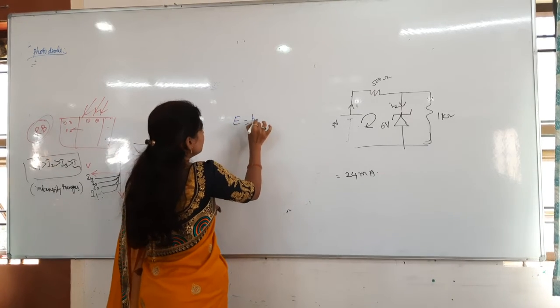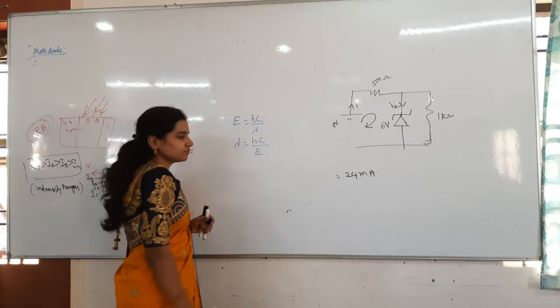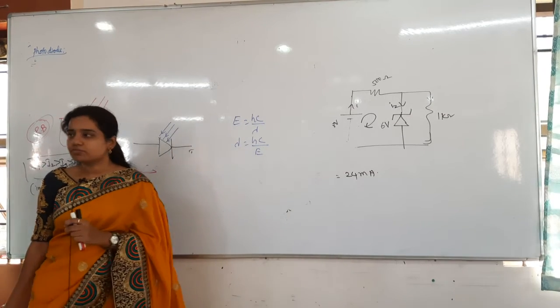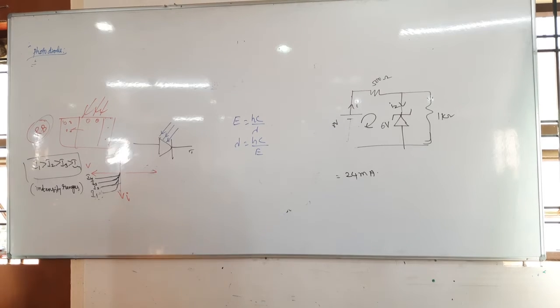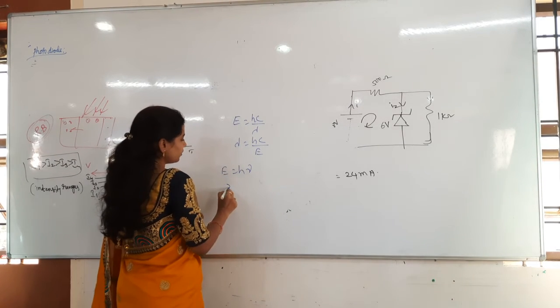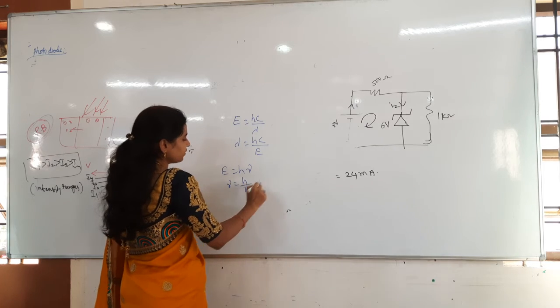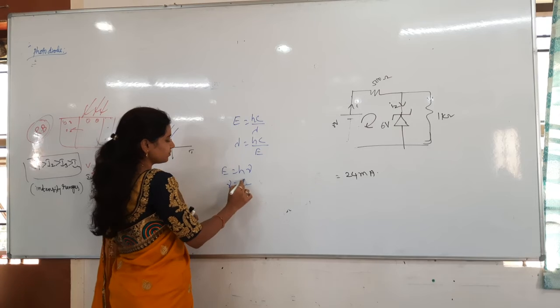E equals hc by lambda, then lambda equals hc by E. In the next line, frequency: E equals h nu, and then nu equals E by h.